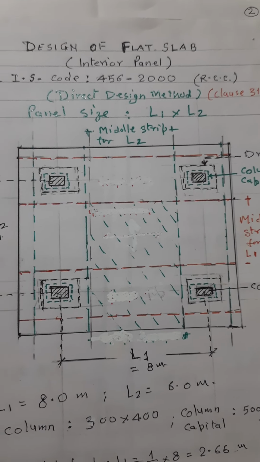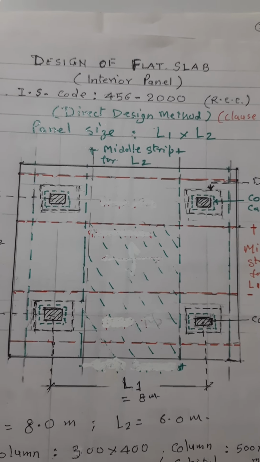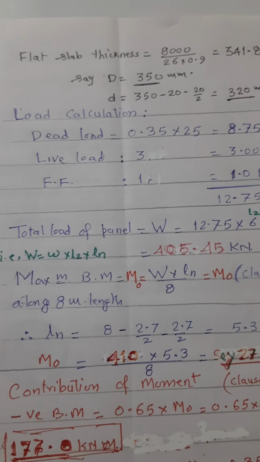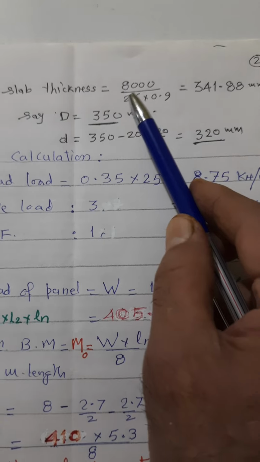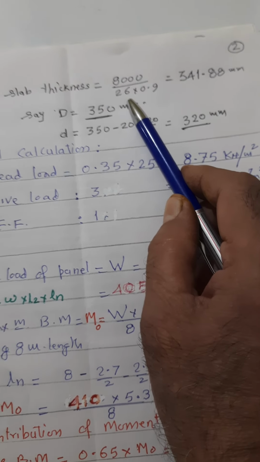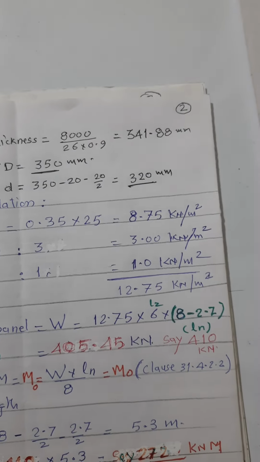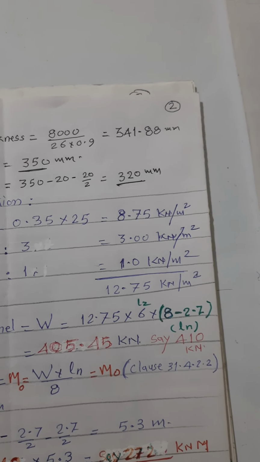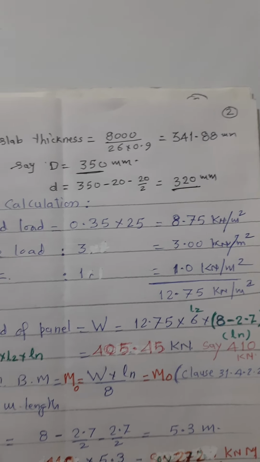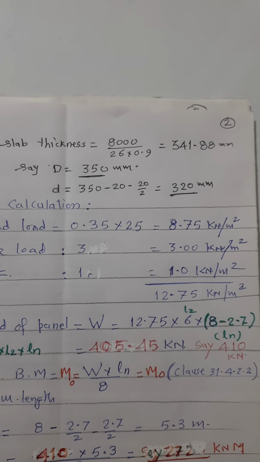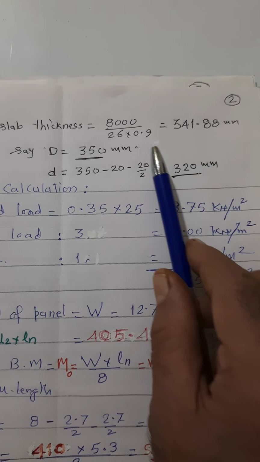The largest span will be 8 meter. So considering this 8 meter span, 8 by 26, because for a continuous slab we take 26, for a simply supported we take 20, and for a cantilever we take 7. So being a continuous one, that's why we are taking 26.